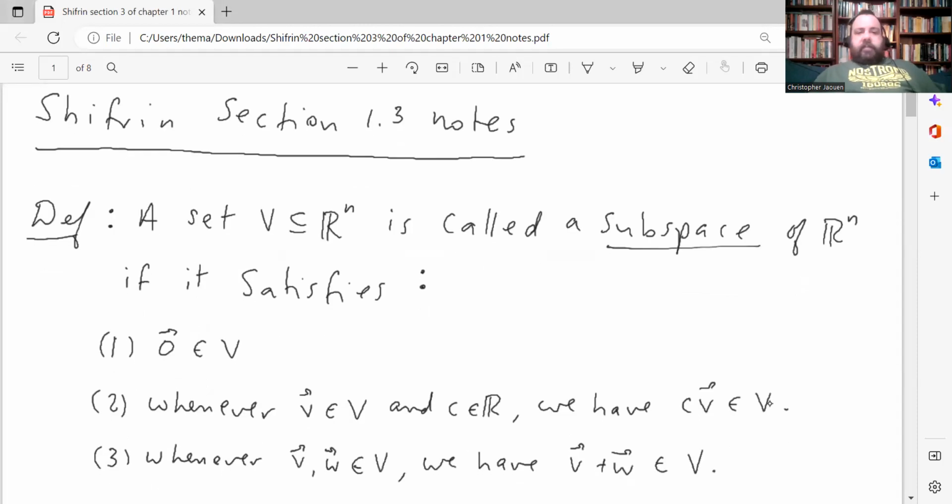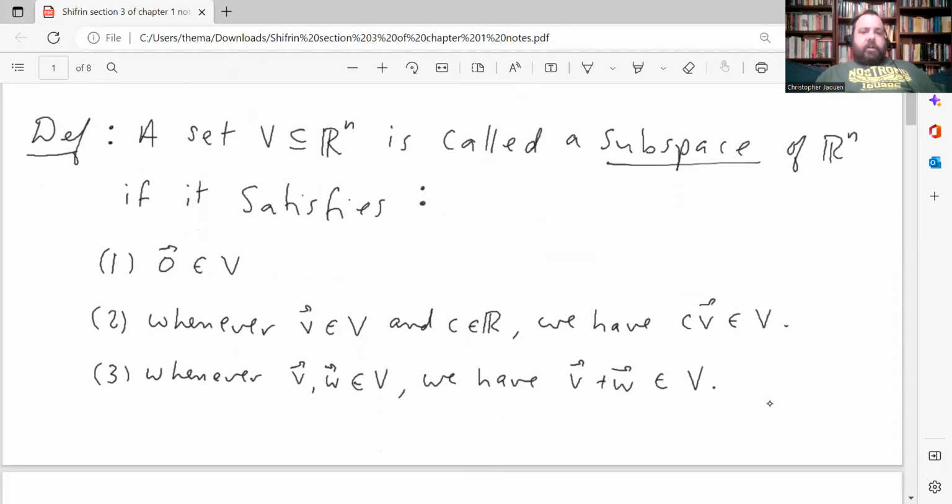A set V, which is a subset of Rn, is called a subspace of Rn if it satisfies these three conditions. The zero vector has to be in the subset. Property number 2: whenever v is an element of the subset V and c is a real number or a scalar, the scalar multiple c times v is also an element of V. In other words, the subset has to be closed under scalar multiplication.